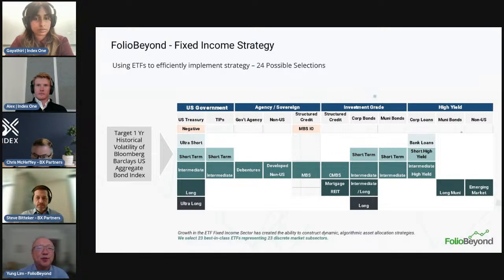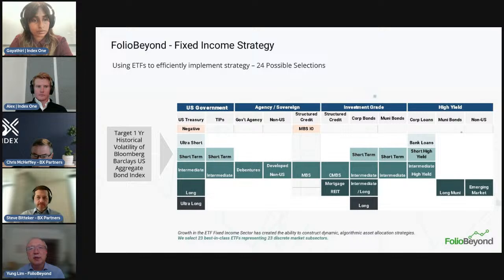And then as you extend out in duration, you have various product types that are short, intermediate, long, and ultra long. And then across the top, you have different product types ranging from treasuries, corporates, munis, structured products. And so these are the ingredients of our fixed income model.